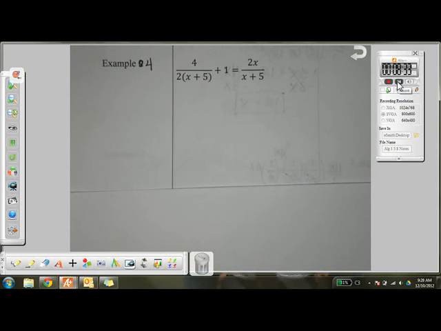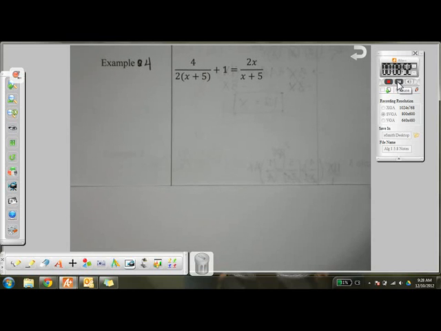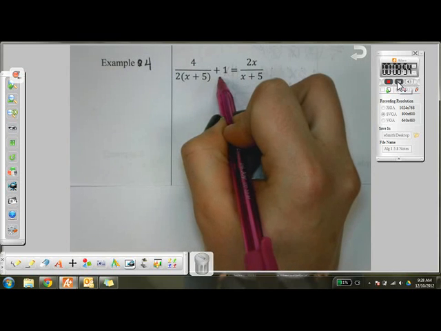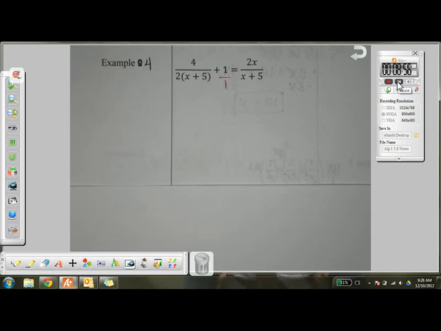We have 4 over 2 times x plus 5, plus 1, equals 2x over x plus 5. Alright guys, first of all, do I have only one fraction on each side? No. I actually have how many on the left? 2. That's the same as 1 over 1. So what we can do here to eliminate the fractions is multiply it by the least common denominator.